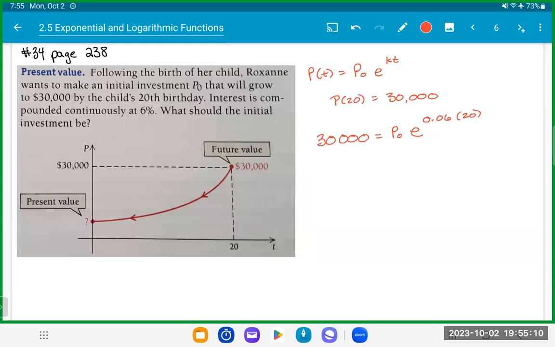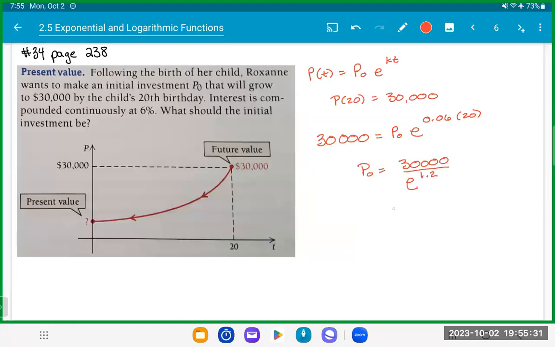We really want to get our P naught, or our initial investment. That is going to be our $30,000 divided by e to the 0.06 times 20. Actually, instead of writing all that out, let's just put e to the 1.2.